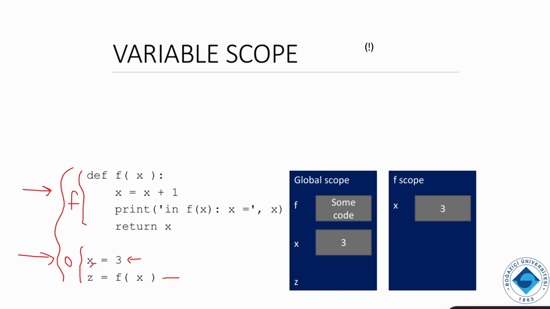Then here we assign the f(x) value to variable z. x was 3 here, so it will come into the function as 3. Inside the function, 3 plus 1 is 4, and it will return 4. So z value will be 4.